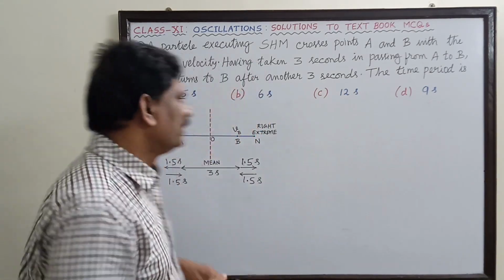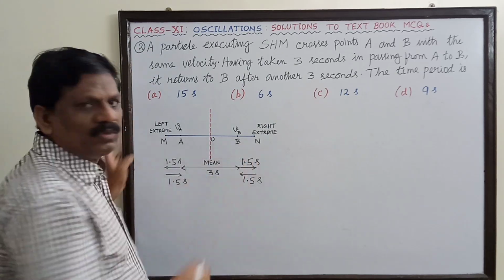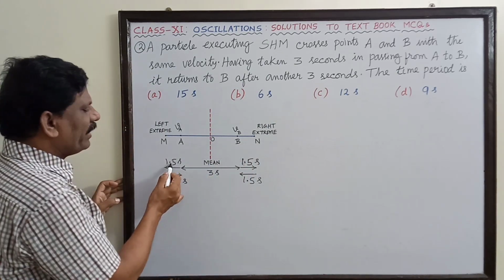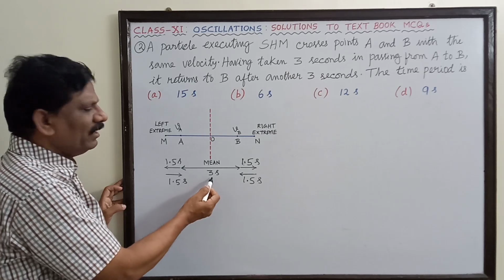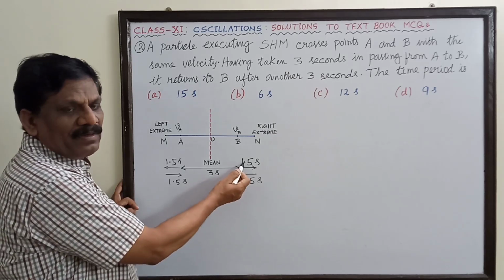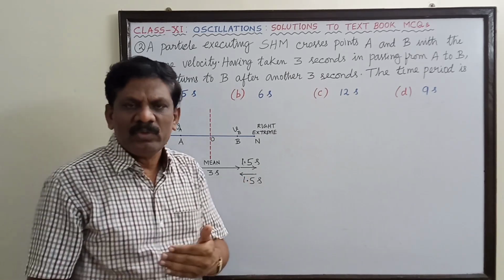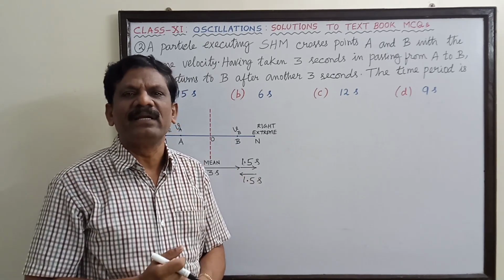Half of the oscillation is from M up to N. So that is 1.5 plus 3 plus 1.5. If you multiply by 2, you will get the total time period of oscillation.